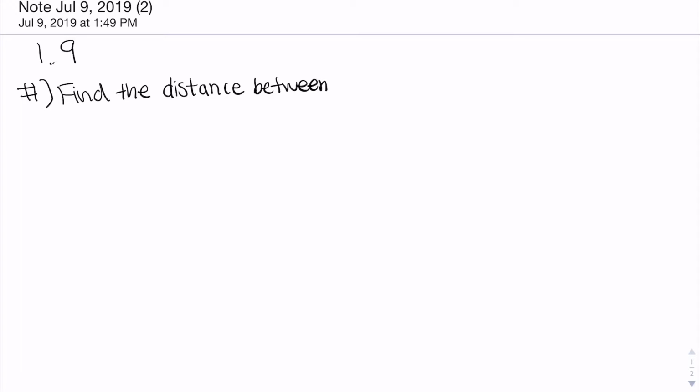So we are going to start with some review questions from 1.9. So let's do number 1, where you find the distance between the 2 points, which is points 1, 4, and 3, -1.